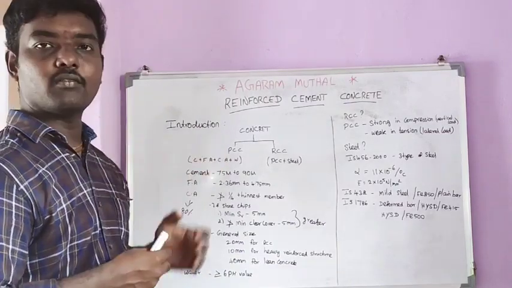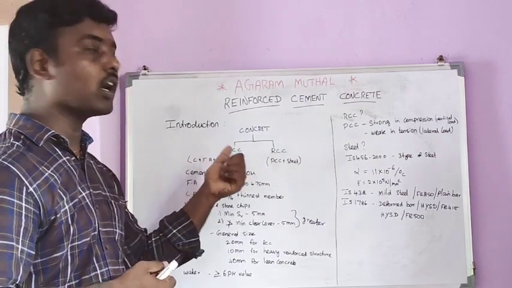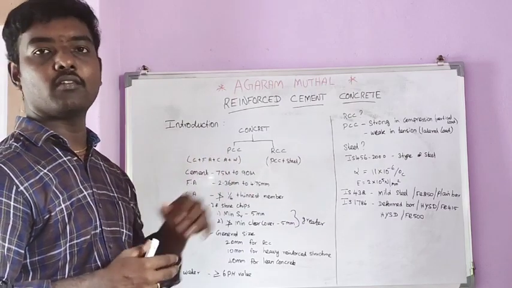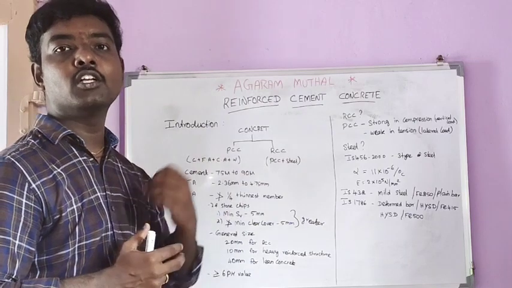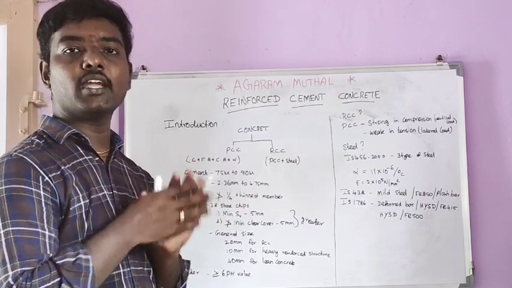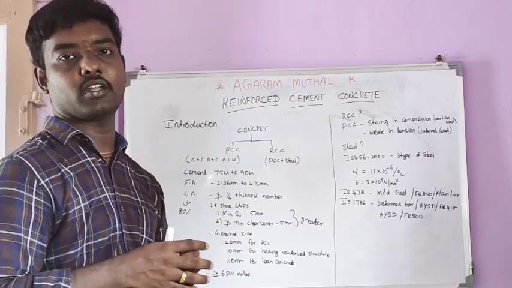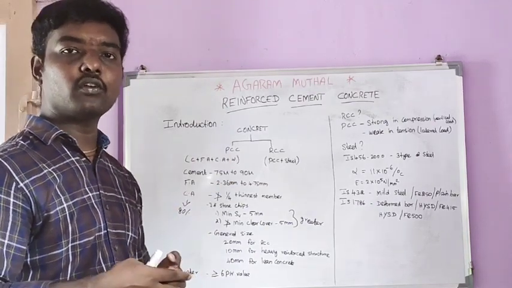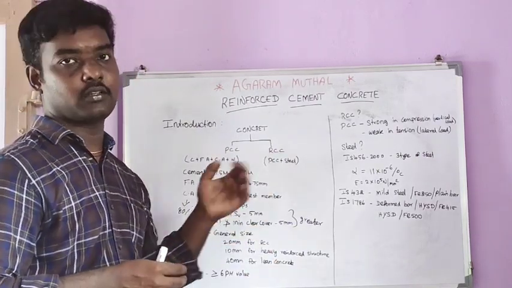PCC, plain cement concrete, is a hardened mixture of cement, fine aggregate, coarse aggregate and water. All the ingredients have specifications and limitations, and we should follow them, otherwise there will be ill effects in the concrete. First we see the specifications required for plain cement concrete, then we go to the RCC type.